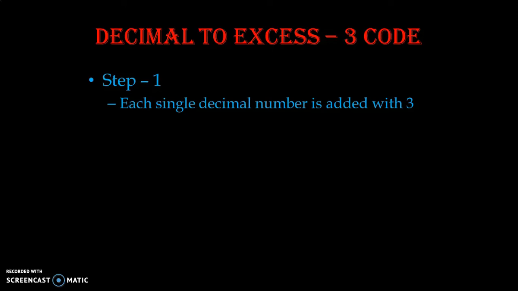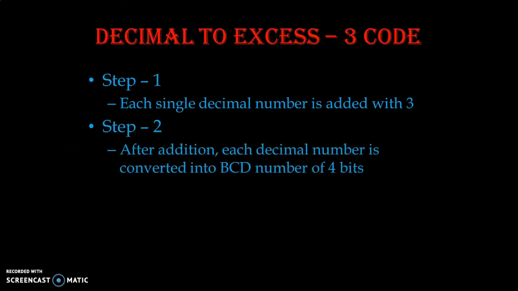So we have to give an additional 3 to each decimal digit. Then the second step: after addition, each decimal number is converted into an equivalent BCD number of 4 bits. 4 bits is important. We have to convert into a group of 4 binary bits, following the 8421 system, which is obvious.